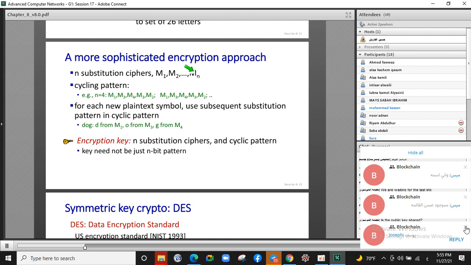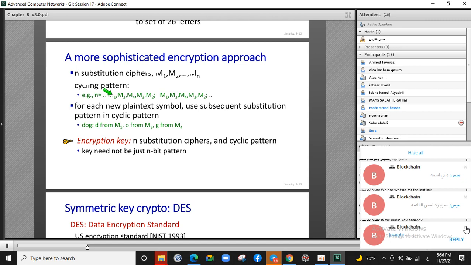And then I can use a cycling pattern. I have n different patterns. What does it mean? For example, here n is equal to 4, so I have 4 different patterns.